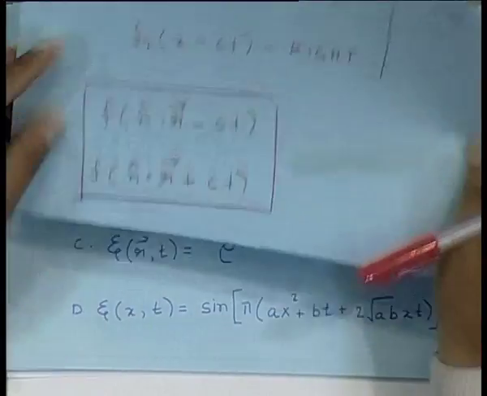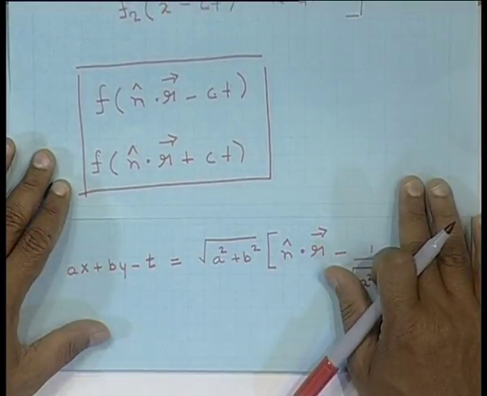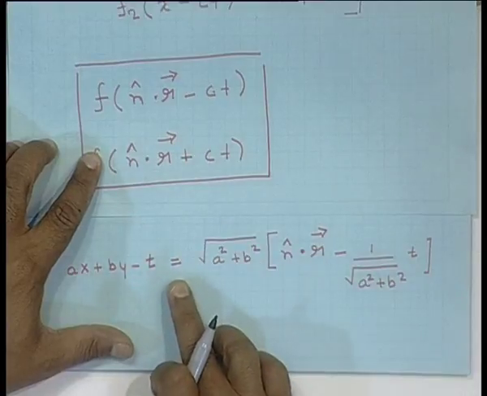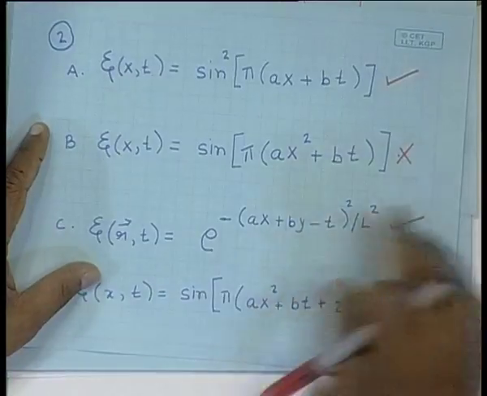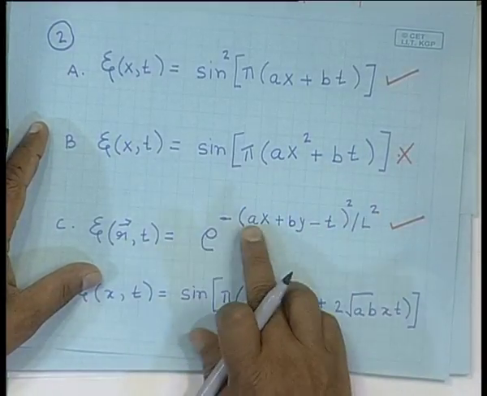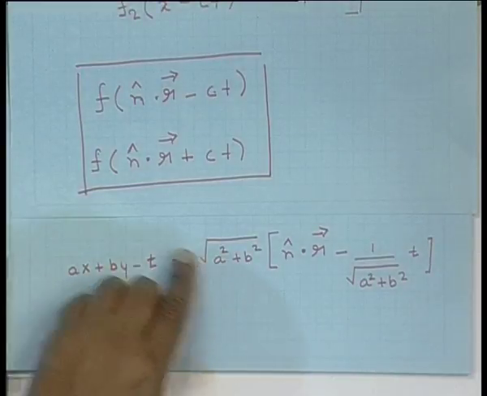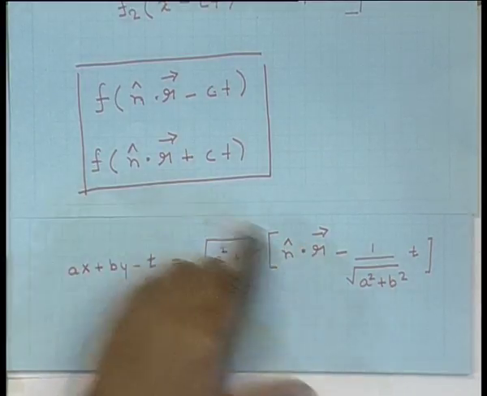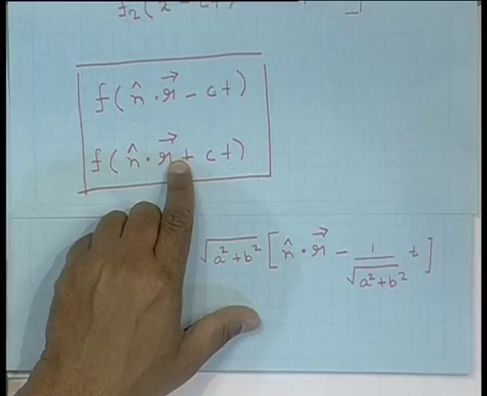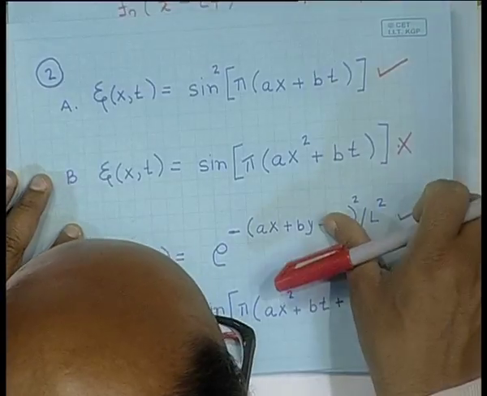So, what you can say is that this does represent a travelling wave, and if you compare this with the way we have written the argument over here, this is a function of this quantity, and that quantity which it is a function of can be written like this. So, you see that it is a function of n dot r plus, this should be, this is minus. So, this is okay.